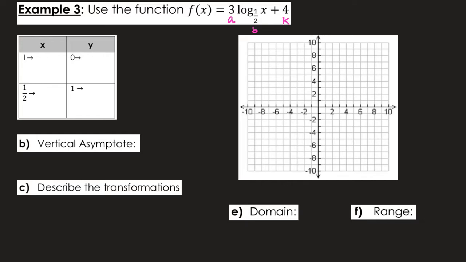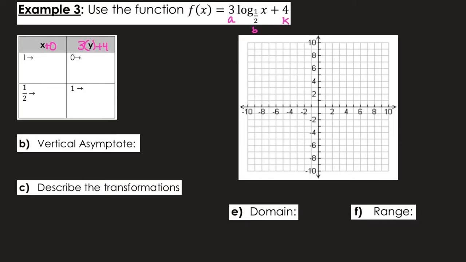When we do our reference points, remember that the h value is affecting the x, and in this case we don't have an h value other than 0. So whatever x is will stay. If you were to add 0, it's going to stay as x. Now y would be affected by the a, which is 3 times your y, and then plus 4 for your k.